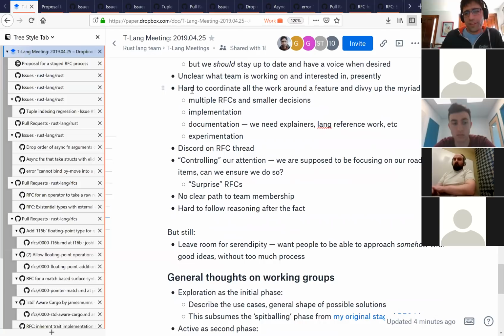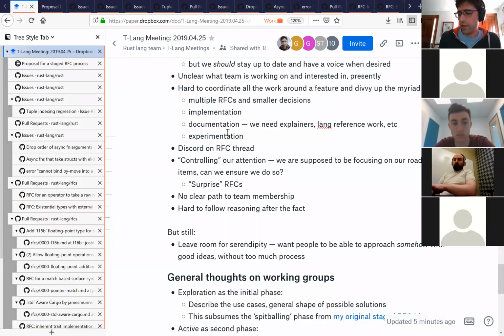I personally feel this a lot, that there's a lot of work around a feature and we're not very good at dividing it up. I would like it if we were better, because I think what winds up happening is we just don't do all the work that we could be doing. It's really hard to follow the discussions. We don't centralize the results so that you can later come back and understand the reasoning for any given thing.